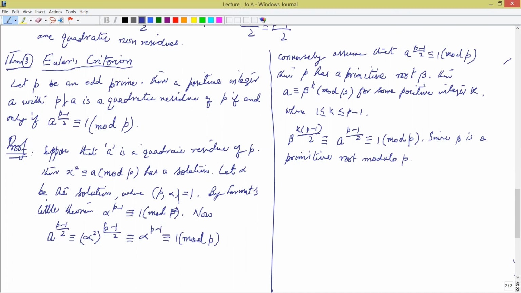So now the order with respect to p of beta is equal to p minus 1, which divides k times (p minus 1) by 2.